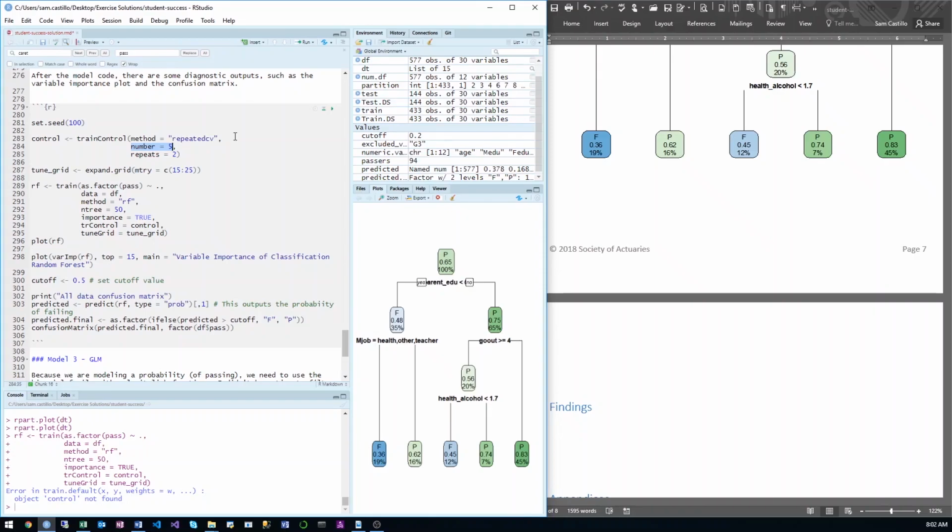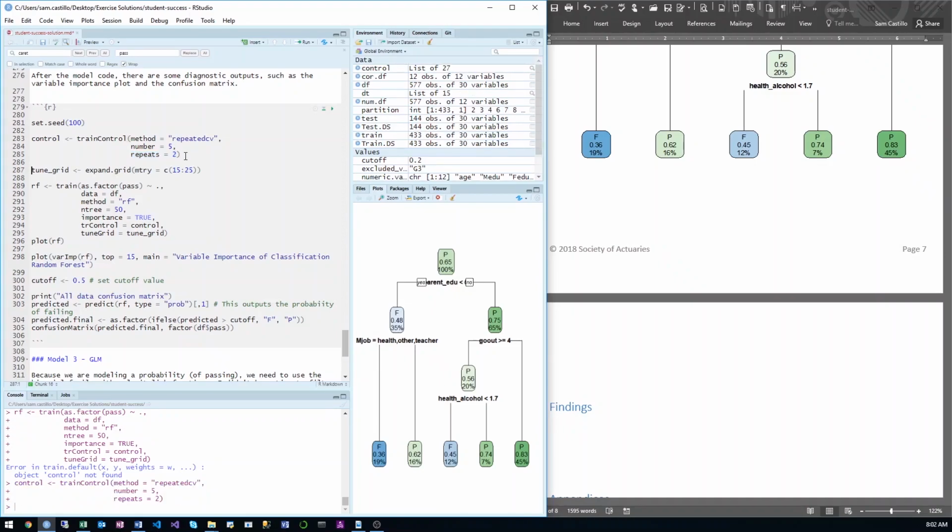And then finally they take an average of the model error over each of those 5 buckets. Repeats equals 2 means that you then repeat that entire procedure twice.